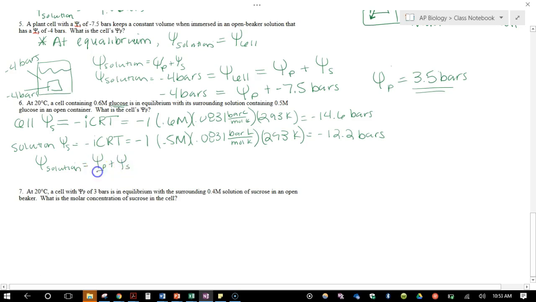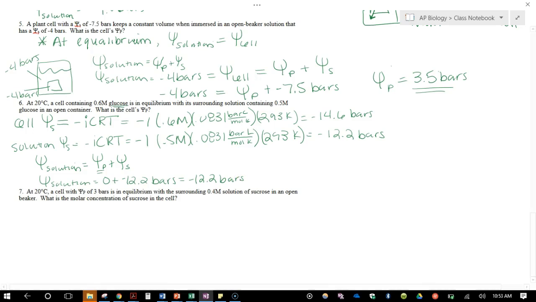We know the pressure potential is 0, because we are in an open container. So the water potential for my solution will equal 0 plus negative 12.2 bars, then negative 12.2 bars for my final answer.